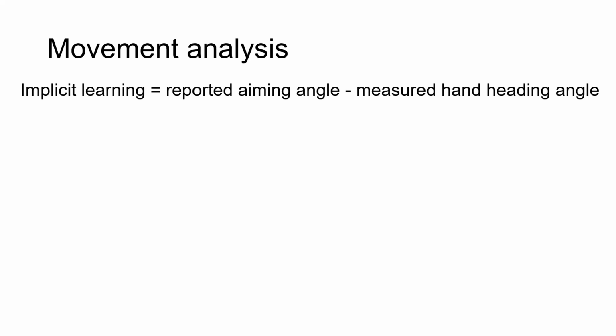You might assume that this measure might be pretty constant, and it is depending on the level of adaptation the participants have achieved. This is to say that at the end of the rotation block, you could imagine that a normal person has adjusted their movement to offset a 45-degree visual rotation.